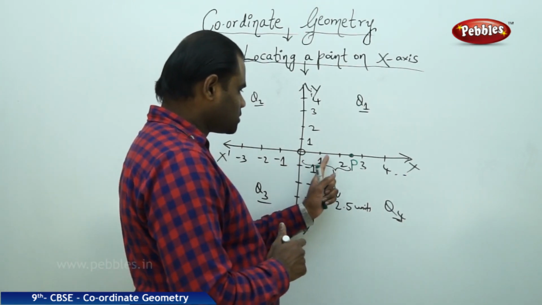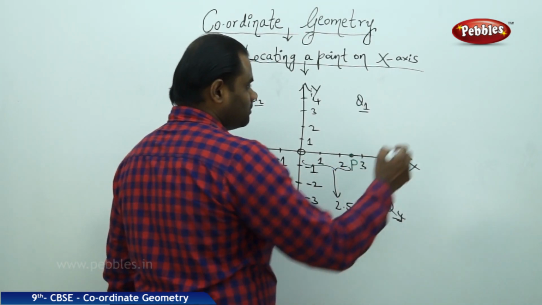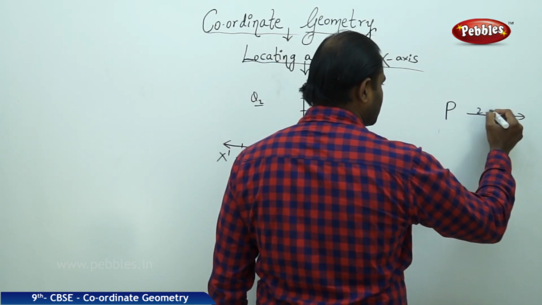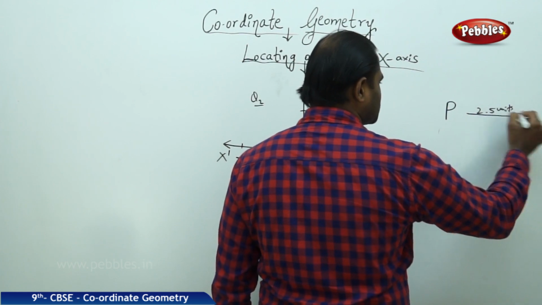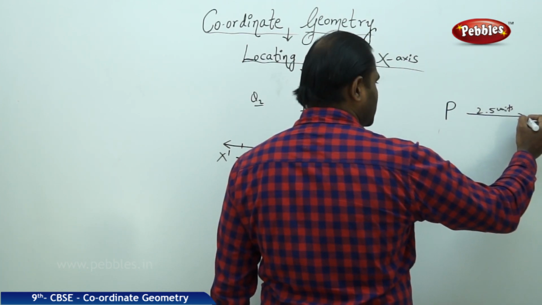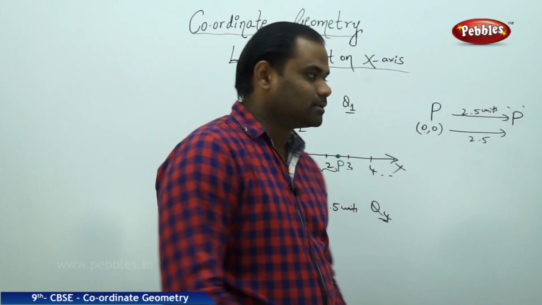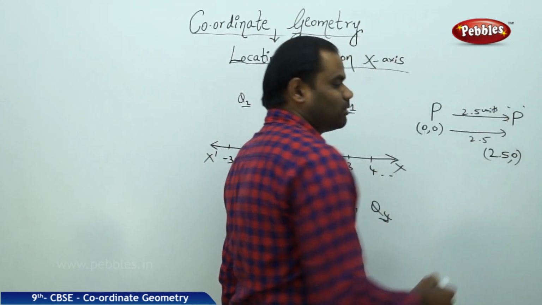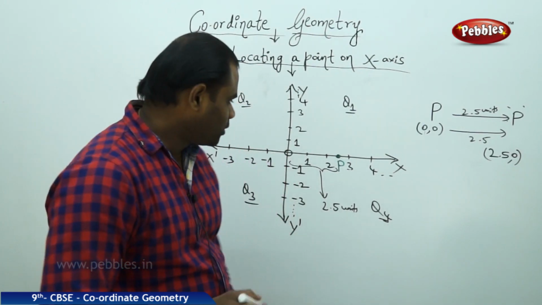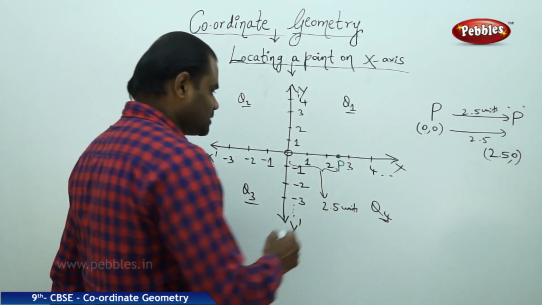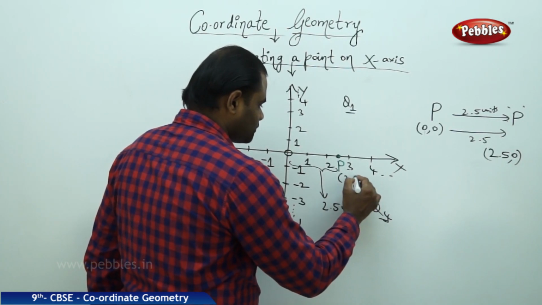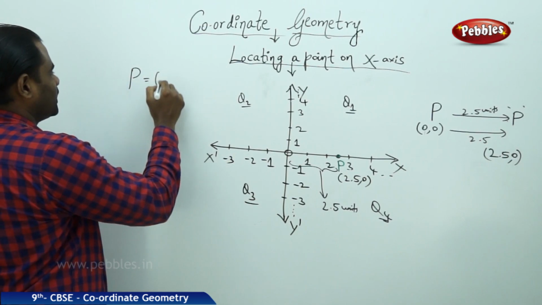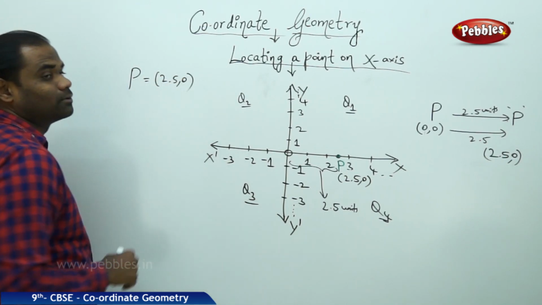So my point P moves 2.5 units to the right and doesn't move anywhere down. So I have 2.5, which comes out here as (2.5, 0). The point which moves towards the right on the x-axis is (2.5, 0). So I could identify the coordinates of P as (2.5, 0).